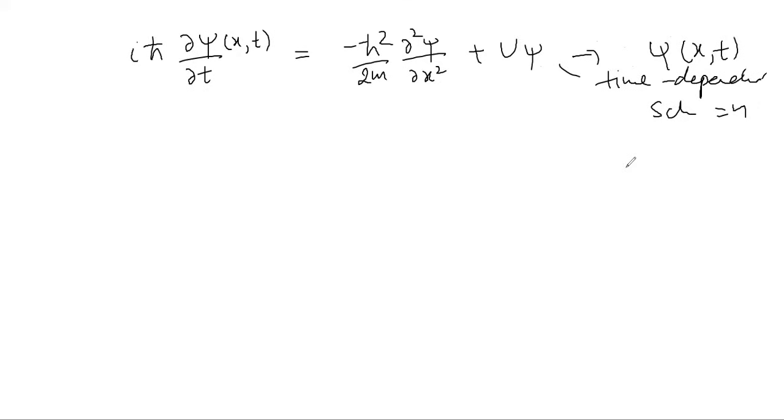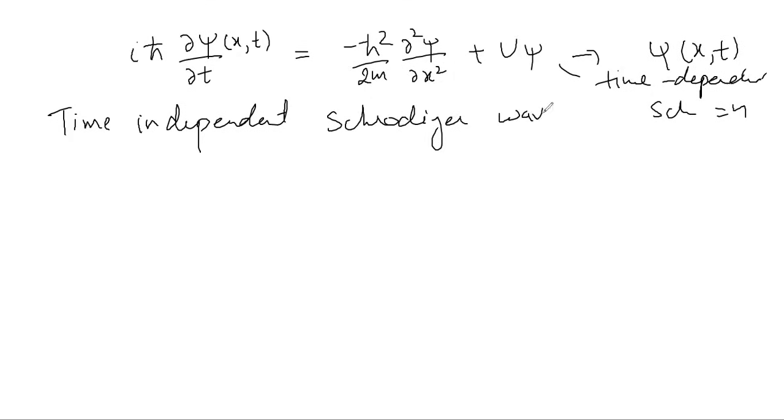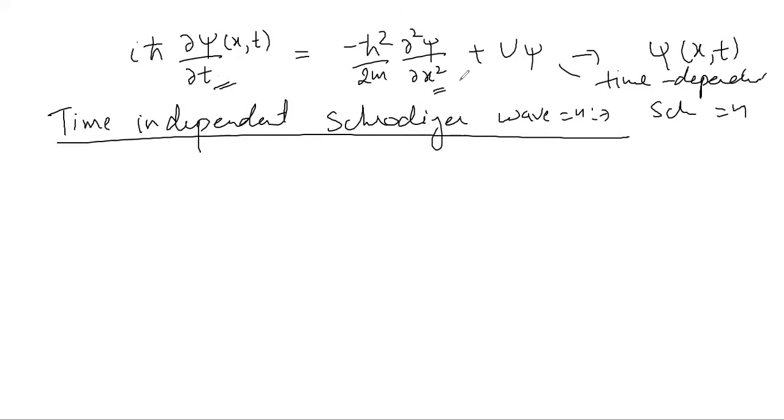For specific cases, for example, the cases in which, and let me write first the title. If you look at this expression here, this side you have a derivative with respect to time, this side you have a derivative with respect to x.